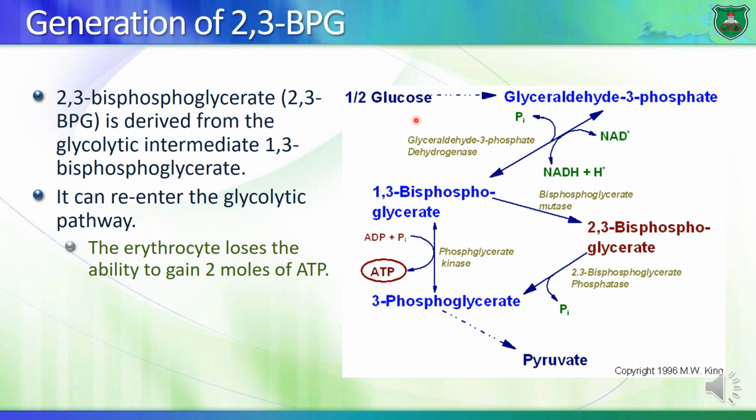Glucose is eventually broken up into two molecules, glyceraldehyde 3 phosphate and dihydroxyacetone phosphate. Glyceraldehyde 3 phosphate continues through the pathway, producing 1,3-bisphosphoglycerate. Eventually, this is converted to 3-phosphoglycerate. But there is a byproduct, which is the 2,3-bisphosphoglycerate.